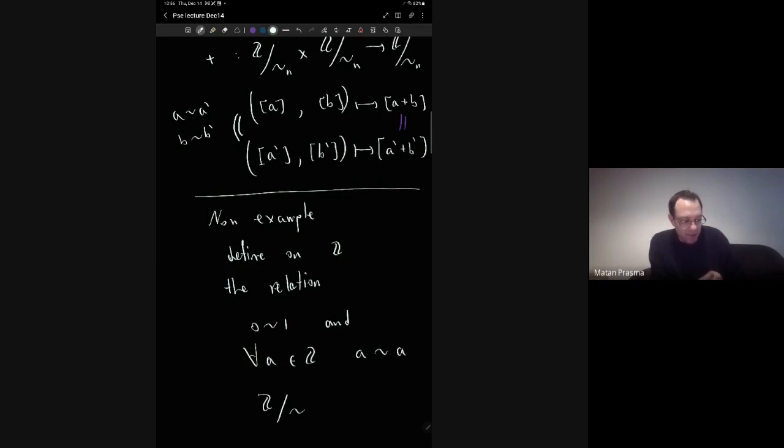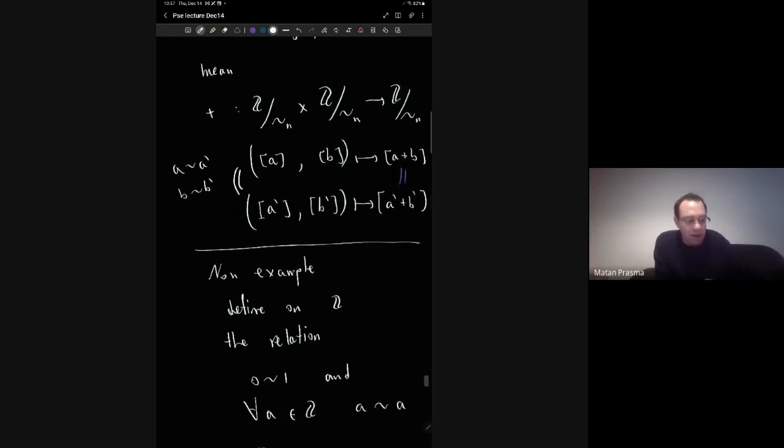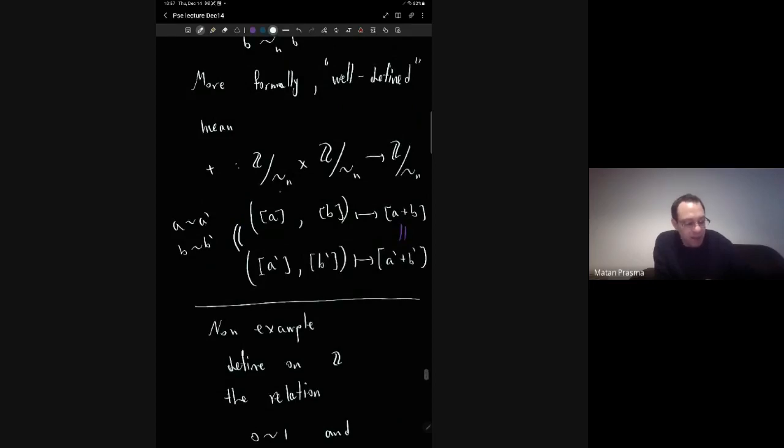So in general, with an equivalence relation, when you take the quotient set, you potentially destroy all the additional algebraic structure, and you need to be very careful in choosing the equivalence relation so that you still have induced algebraic operations on the quotient set.